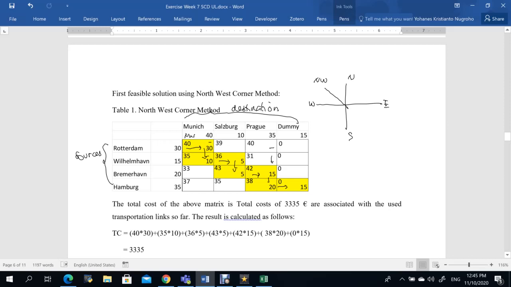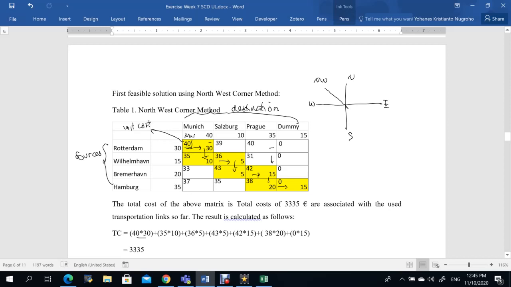Alright, so the total cost is calculated by multiplying all of these delivery quantities, 30 for instance here, times this, which is called the unit cost, right?